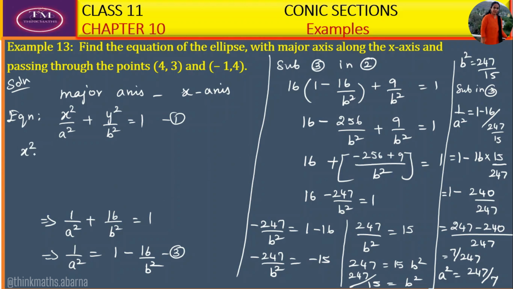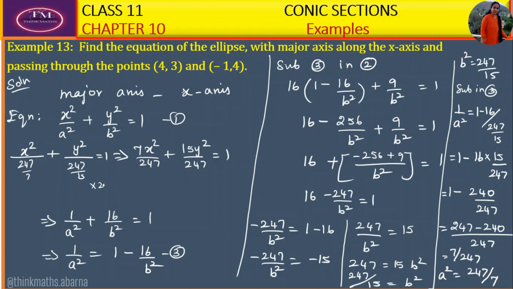So x square divided by a square, which is 247 by 7, plus y square divided by b square, which is 247 by 15, equal to 1. So we can take these to the numerator by reversing. So it will be 7x square by 247 plus 15y square by 247 equal to 1.